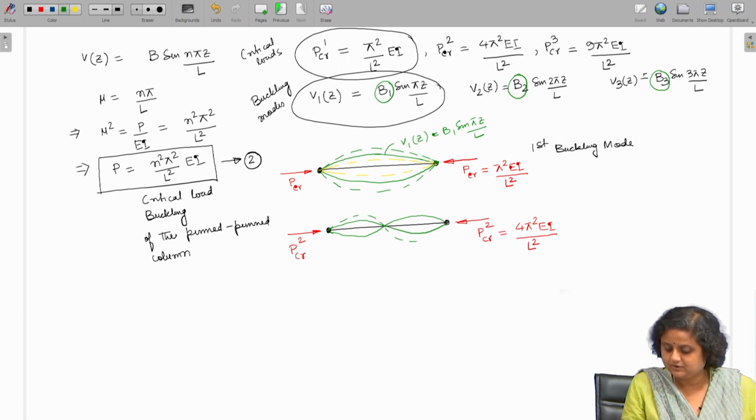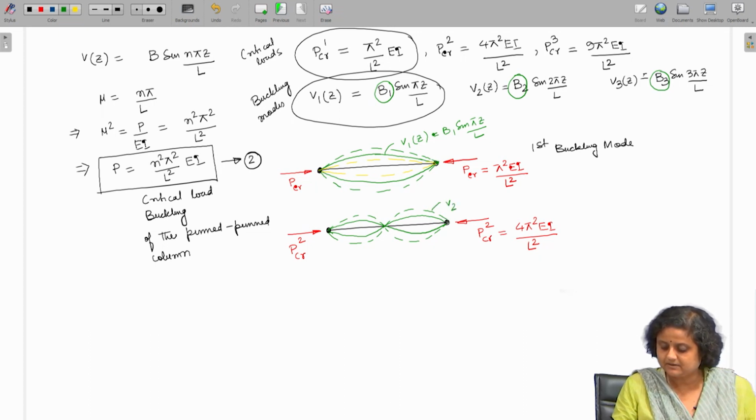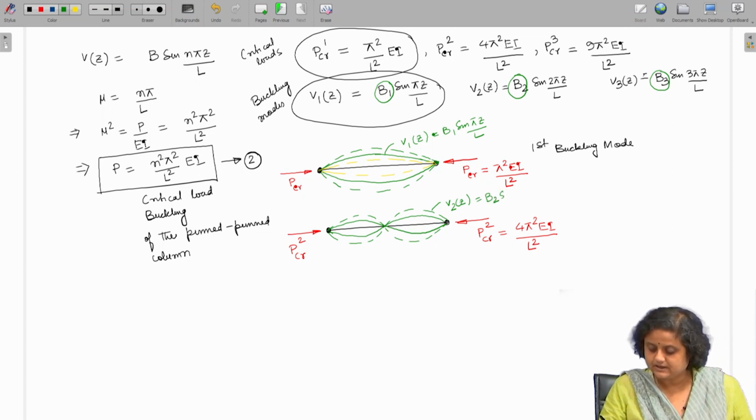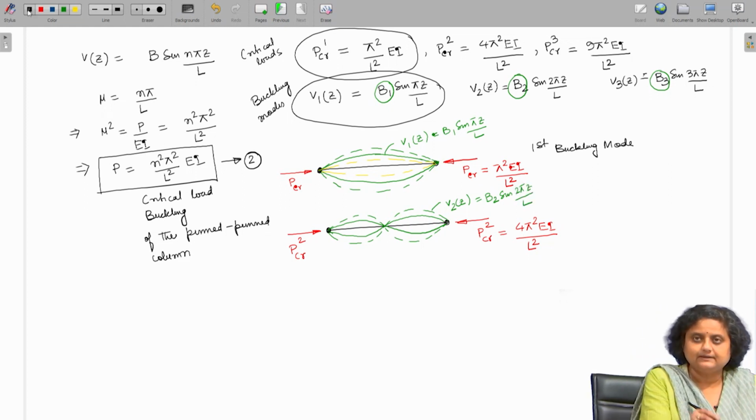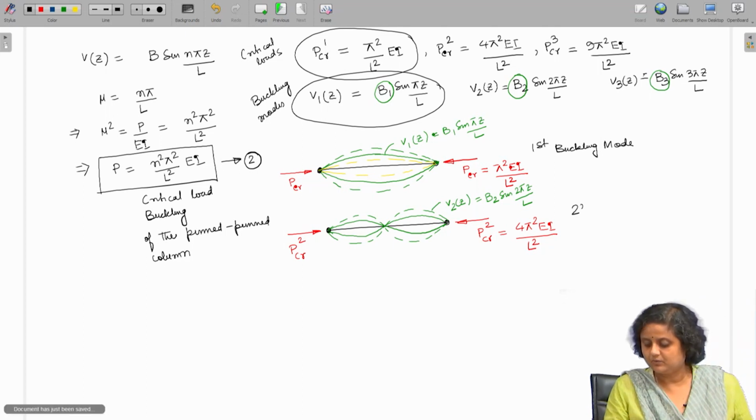Again, the absolute value is not defined, the solution is non-unique. So, this is the second buckling mode, which can be written as some non-unique constant into sine 2 pi z by L.